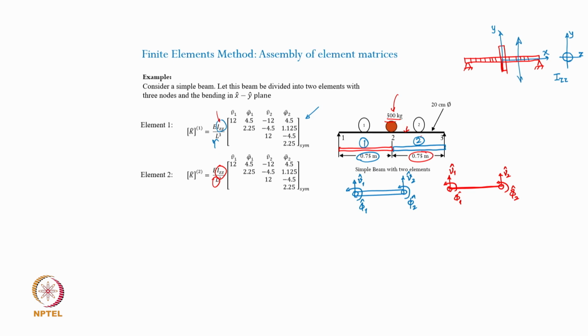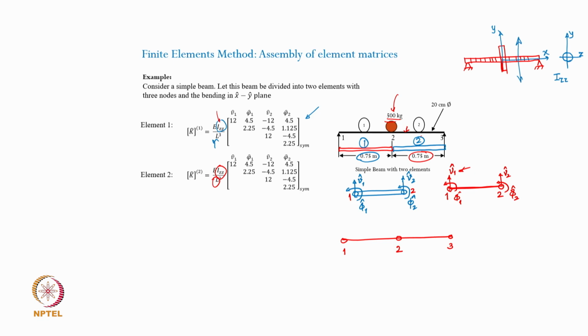Now, the most important point, having obtained individual stiffness matrices of the two finite elements, how do I assemble them together? Now, although these degrees of freedom are in the nodal coordinate system, in representing the original system which I have discretized into two finite elements, in the global coordinate system, the node numbers which I had earlier as 1 and 2 here and then back again 1 and 2 here, I would have a node numbering to represent the system in the global context, and therefore, the node numbers will be 1, 2, 3 onwards.